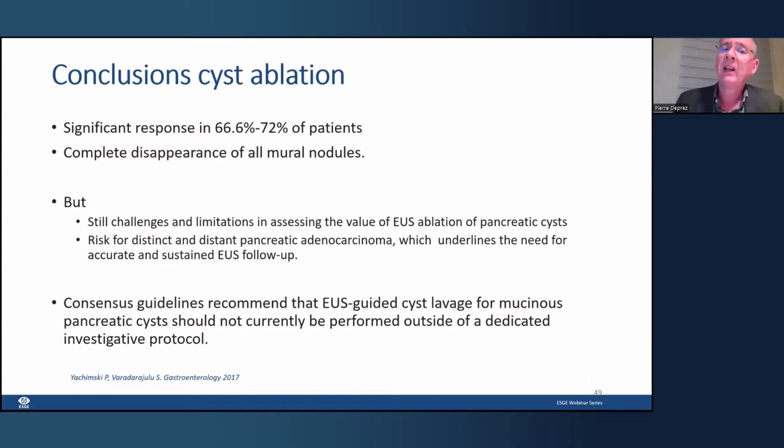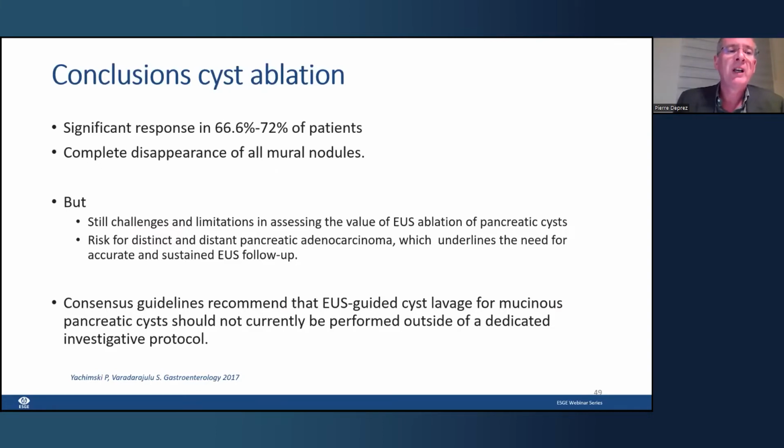And I think the DART criteria, to identify IPMN patients at risk for evolution to neoplasia, have to be well taken into account when you follow those patients.